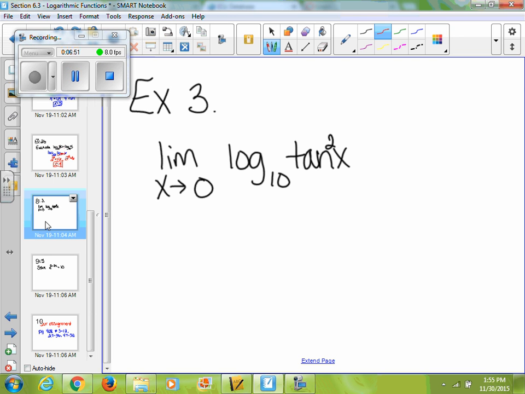The next thing that I'm going to look at is the limit as x approaches 0 of log base 10 tangent squared of x.